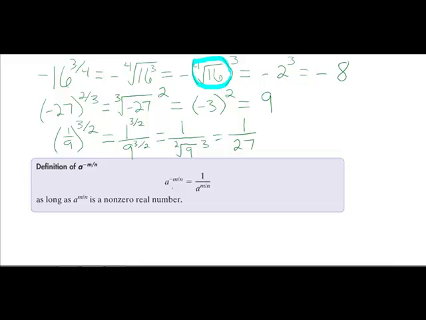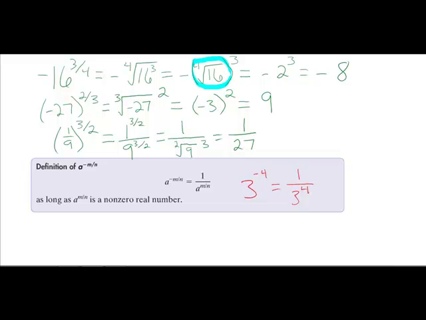Okay. Just like if you have, let's think about a basic integer here. Let me use a different color too. If you have, that's a bad color, 3 to the -4th power. That's the same as 1 over 3 to the 4th power. Right? You just take that negative exponent, you flip it down to the bottom, and then you've got a positive exponent.